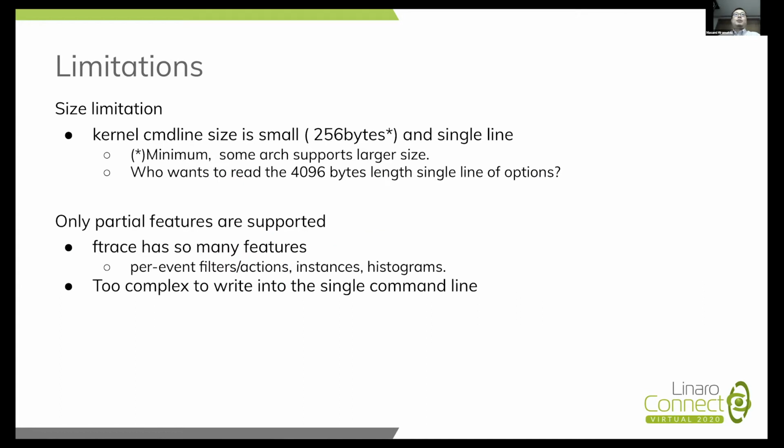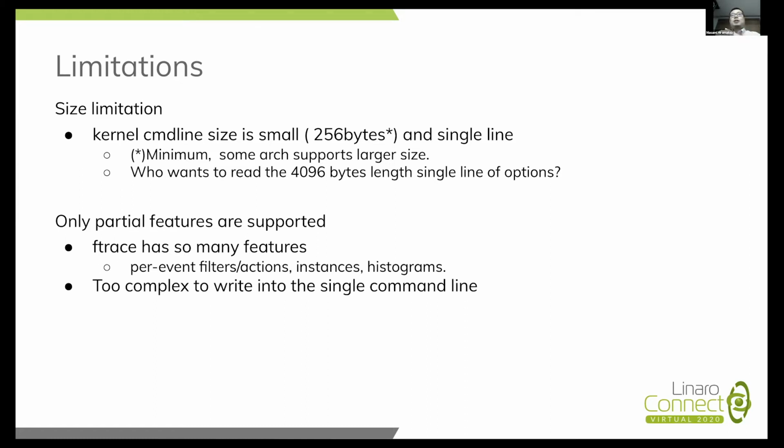However, we have some limitations. One is the size limitation. The kernel command line size is sometimes small. The minimum size is 256, and it depends on the architecture implementation. And also we have to write it down in a single line.